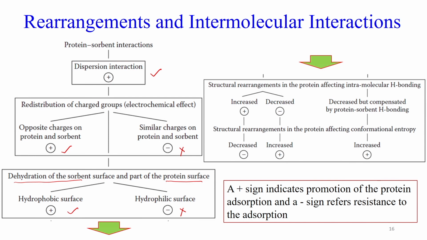Now, followed by this, there will be structural rearrangement of the protein, which may also affect the intramolecular hydrogen bonding. Now we are talking about the making and breaking of different hydrogen bonds.